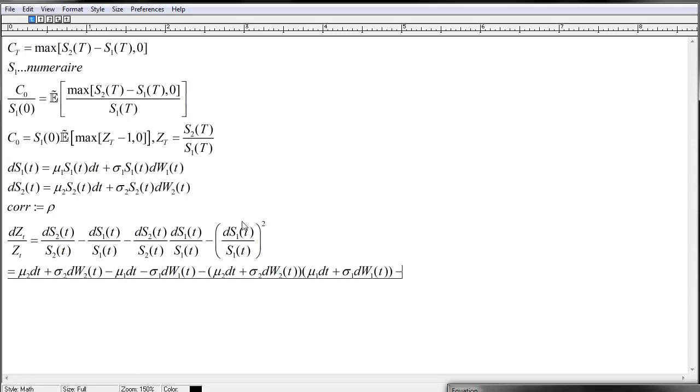Okay, so if we square this term, we get sigma 2 squared.